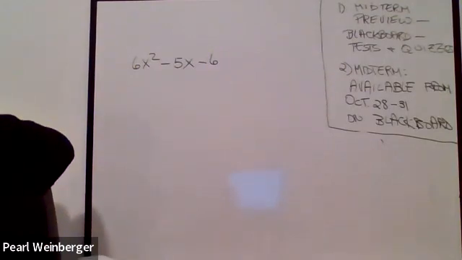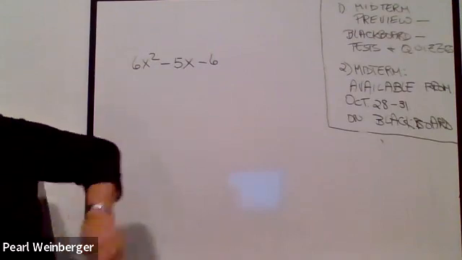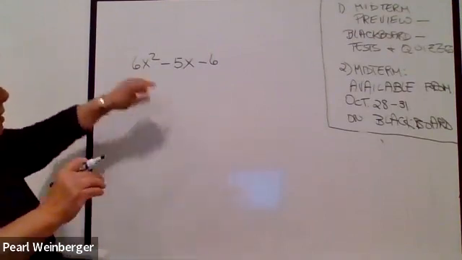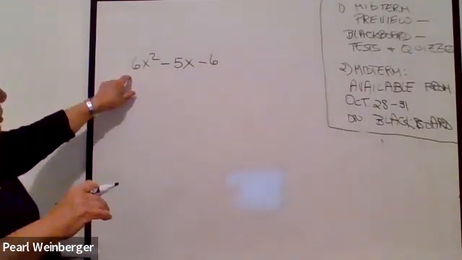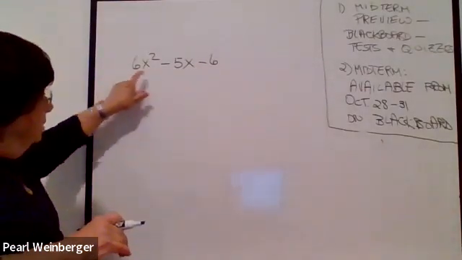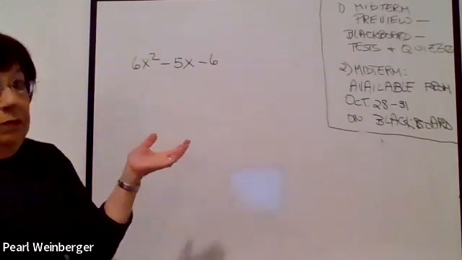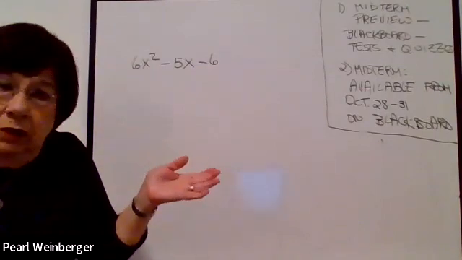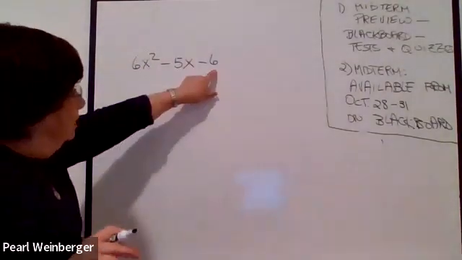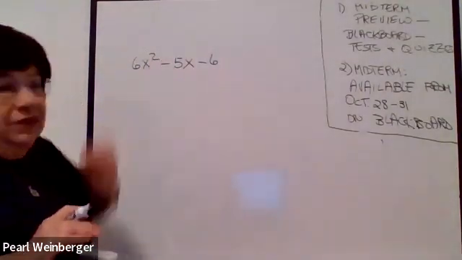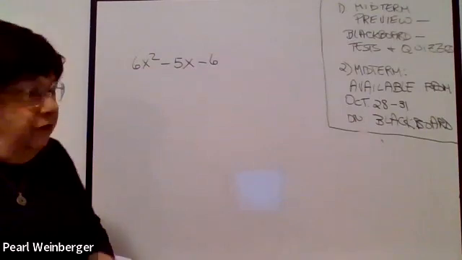As I did before, my first thing is to see if I can find a common factor, a GCF. Well, this is 6, 5, and 6. Remember, when we're looking for a common factor, it has to be a common factor of all the terms. Even though there's a 6 here and a 6 here, this 5 is not allowing us to find a common factor.